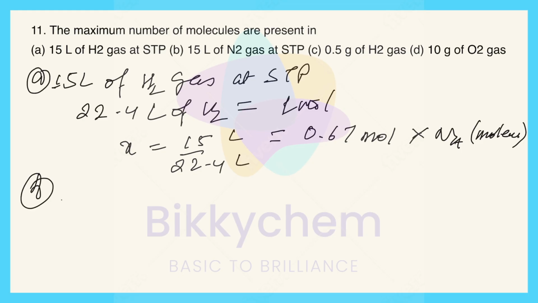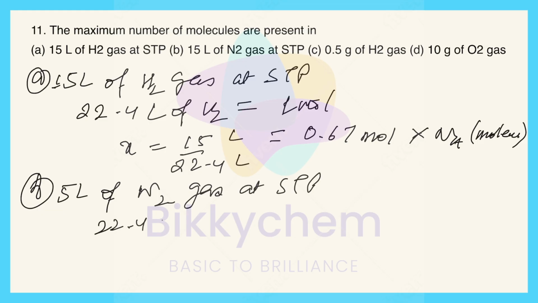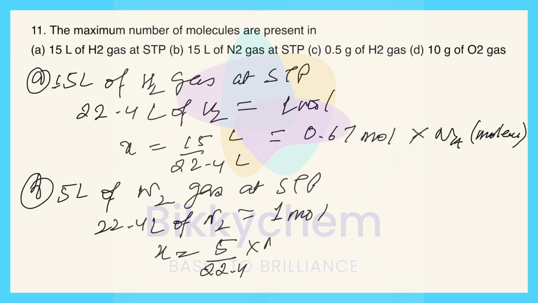B will be 5 liter of N2 gas at STP. So 22.4 liter of N2 is equals to 1 mole. So X can be written as 5 by 22.4 into Na, which is equals to 0.223 into Na in terms of molecule.